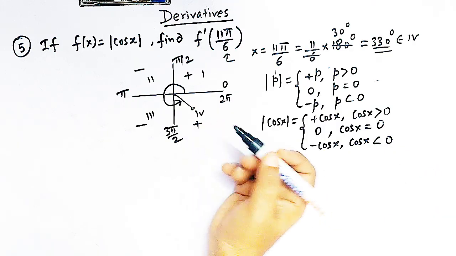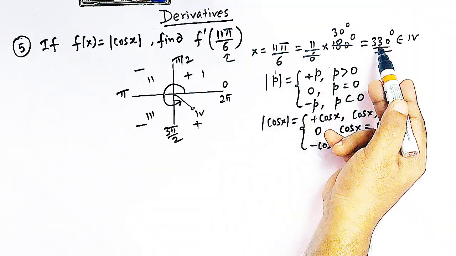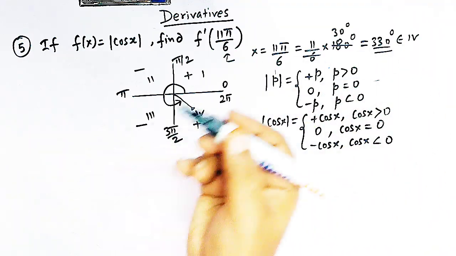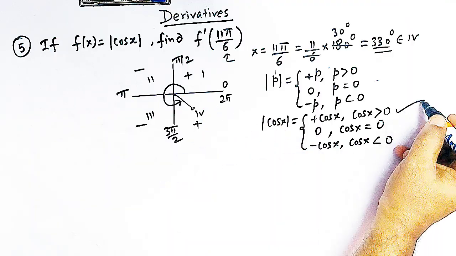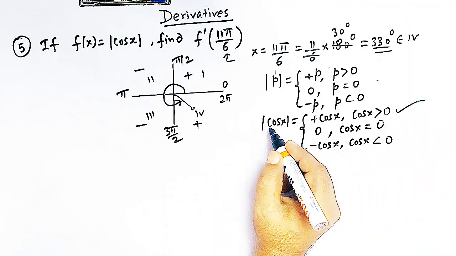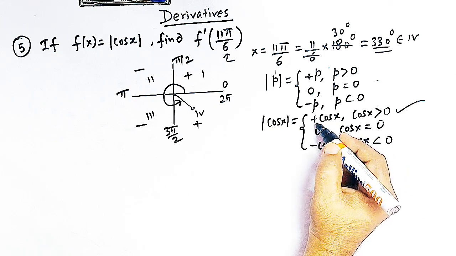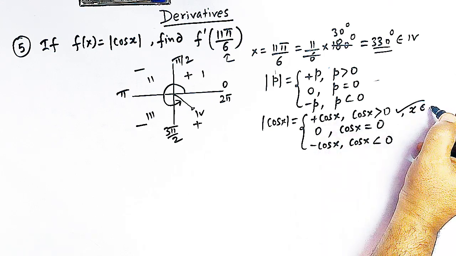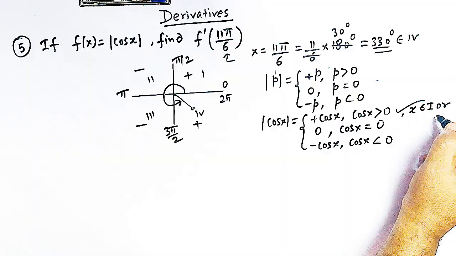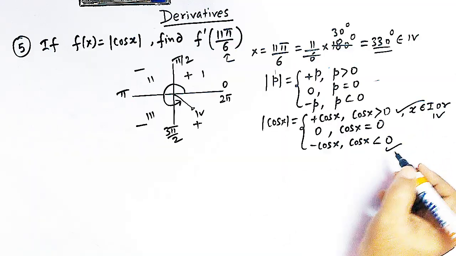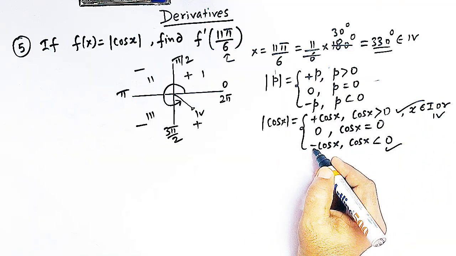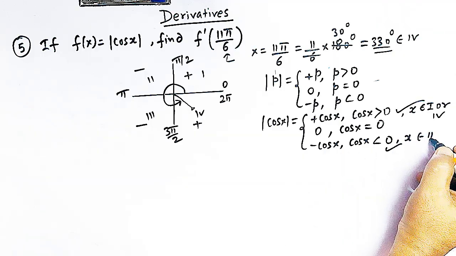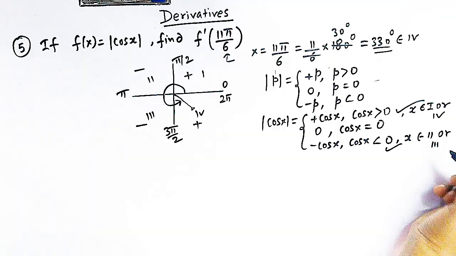So here we have x equal to 330 degrees, which falls in the fourth quadrant. So cosine function is positive, right? Because mod of cosine x is equal to positive cosine x when x belongs to either the first quadrant or the fourth quadrant, and mod of cosine x is equal to negative of cosine x when x belongs to either the second quadrant or the third quadrant.